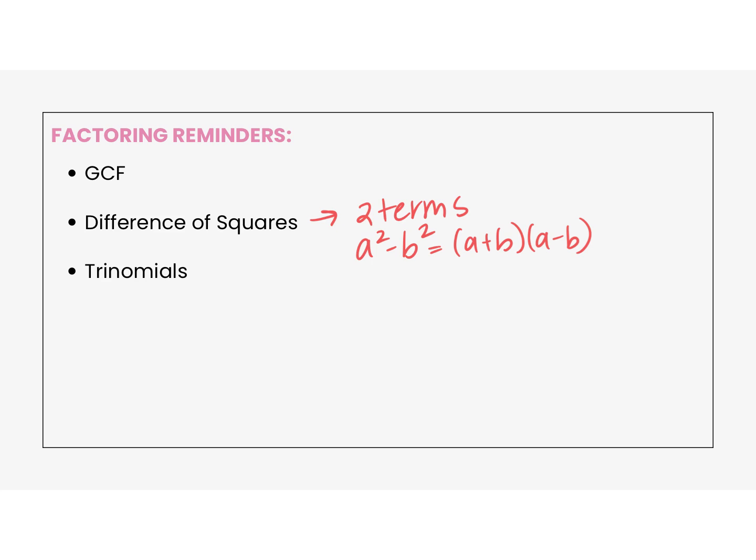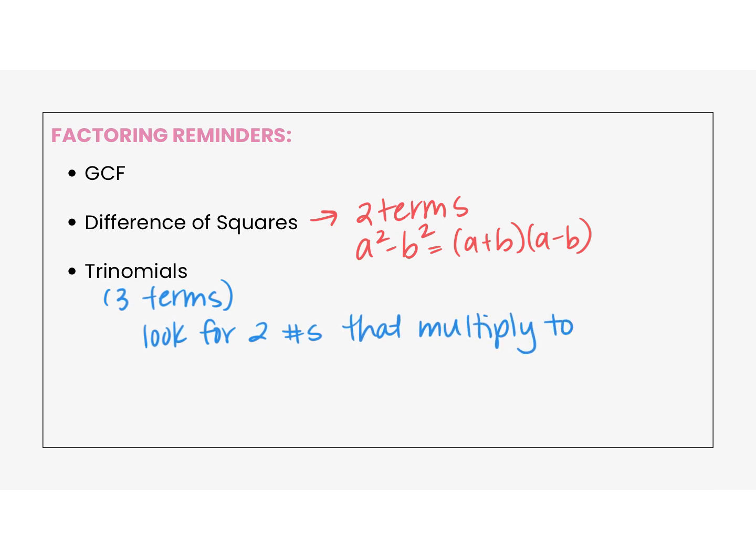Okay, and then when we talk about factoring trinomials, that's our three terms. We're going to look for two numbers that multiply to the third term and add to the middle term.